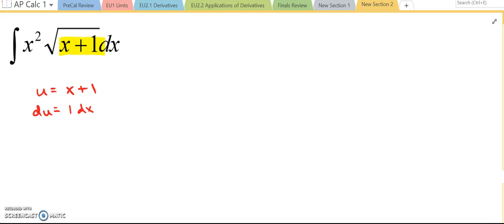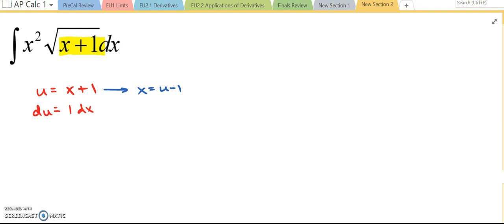And as we talked about in the previous example, it's not good enough to just substitute out the x plus 1 this time. We also need to deal with the fact that I have x squared in this problem. So I'm going to solve this for x. X is equal to u minus 1. Well, that also seems convenient to me because now I can take out that x squared and put in u minus 1 squared.